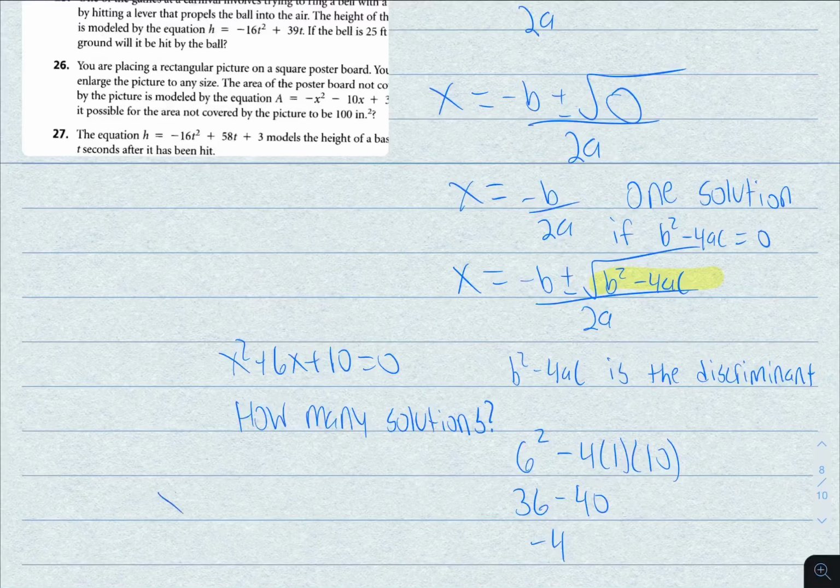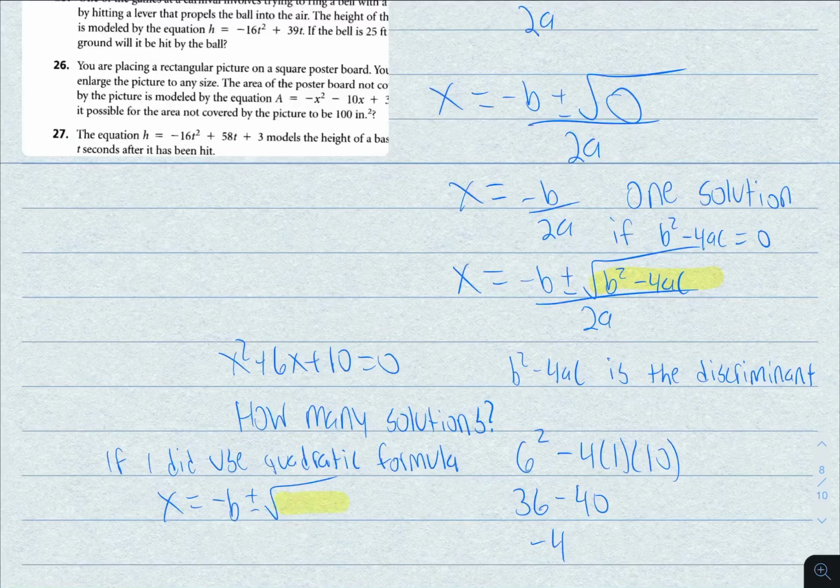That means if I was solving for x, if I did use the quadratic formula, the discriminant already told us something, but if we plug that number into the quadratic formula, it'll tell us what it really means. It means that b squared minus 4ac, which is what's under the square root, would be a negative 4. And then we would divide by 2a.